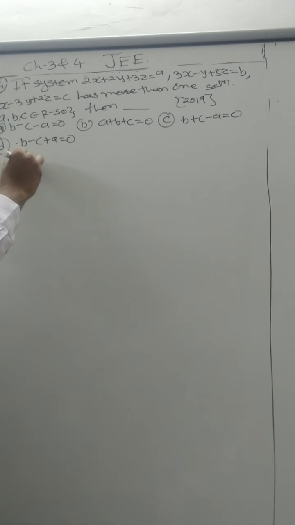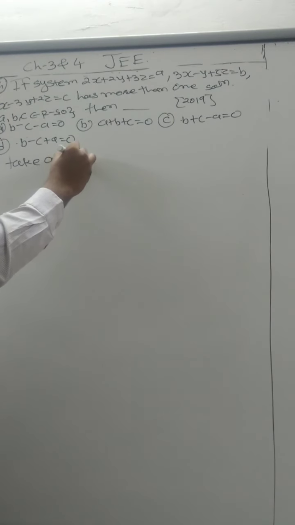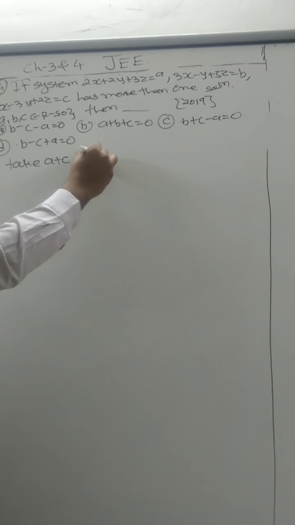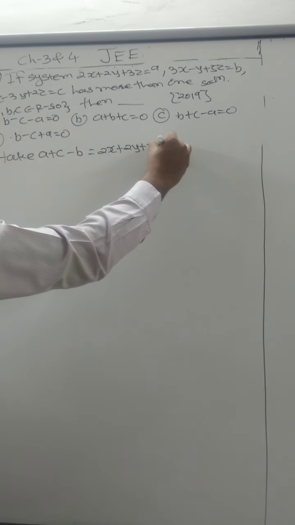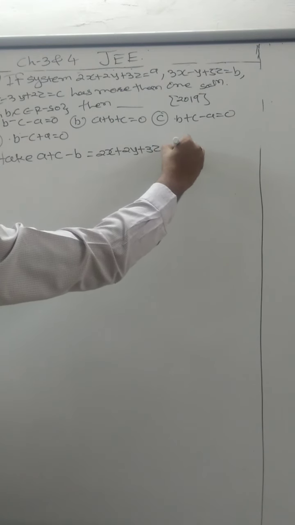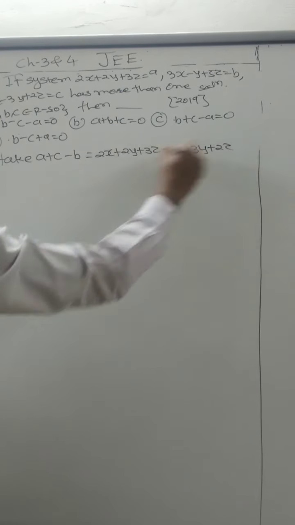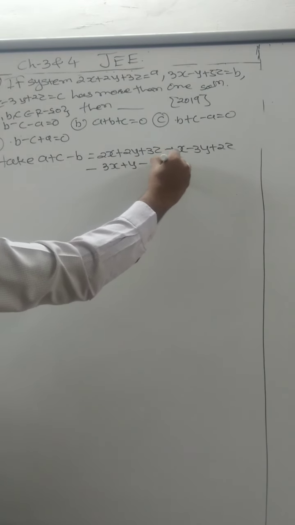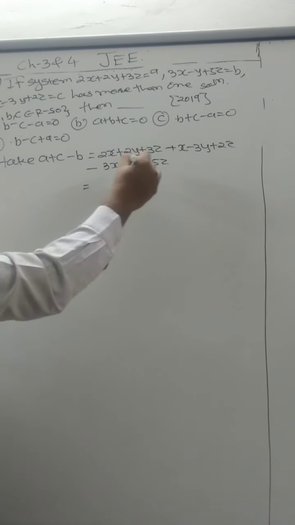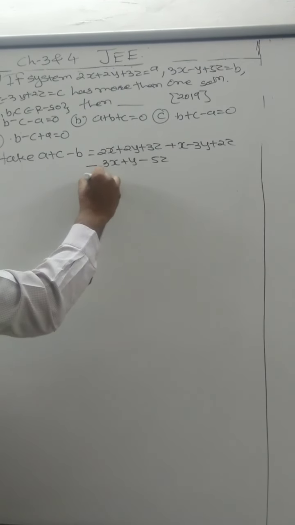Okay, so you see that 2x, x and 3x are there. If we want to obtain this 0, then what we do? We take A plus C minus B. Then we get our answer as 0. 2x plus 2y plus 3z plus x minus 3y plus 2z minus 3x plus y minus 5z is equal to 0. The x's are removed, y and z are all removed, we get 0.